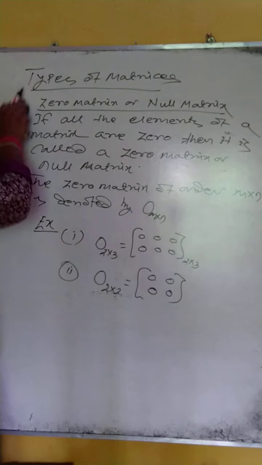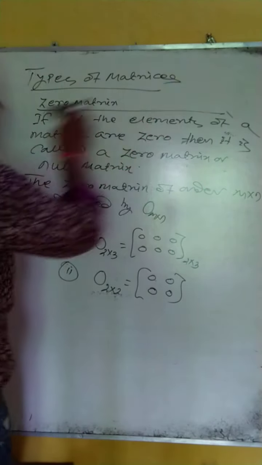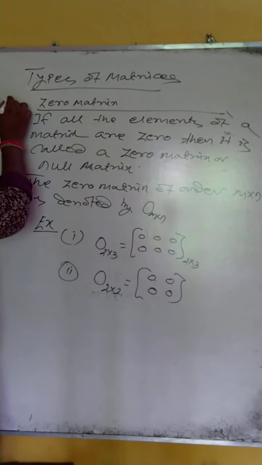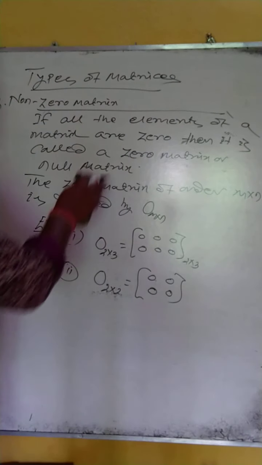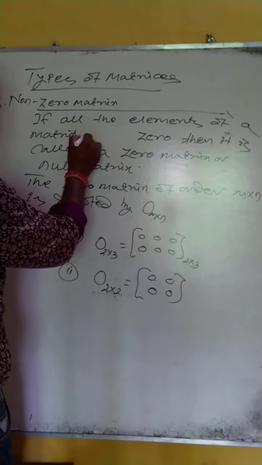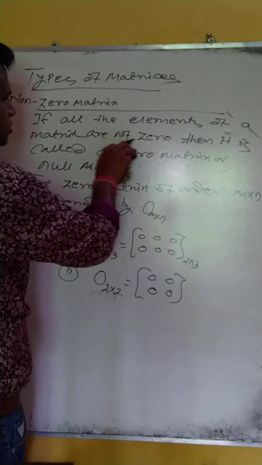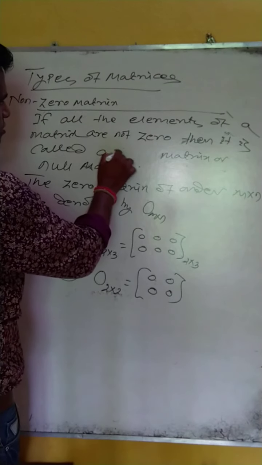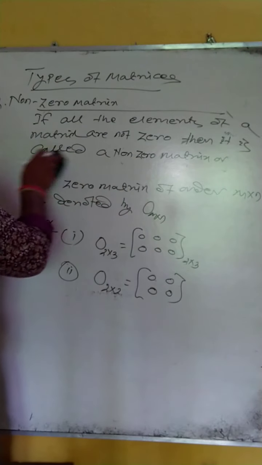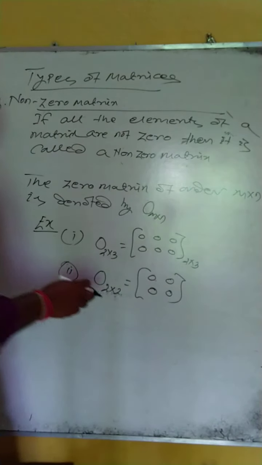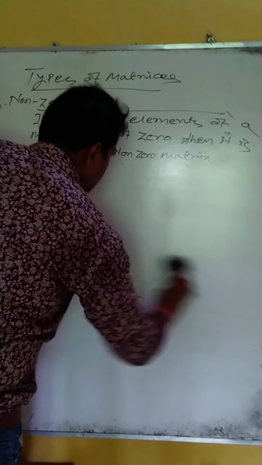Second, we discuss the non-zero matrix. If not all the elements of a matrix are zero, then it is called a non-zero matrix. Now we take some examples.